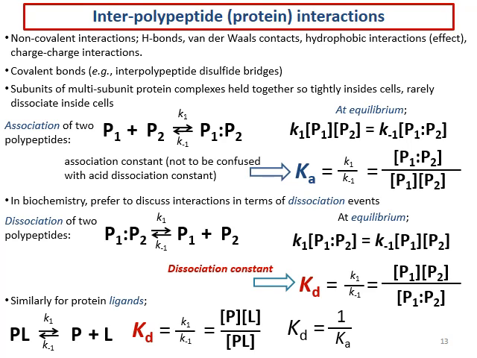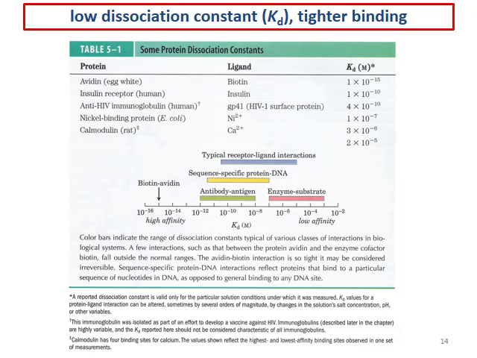So Kd is going to talk to us about the dissociation of ligand from the protein. And if we compare the Kd to the Ka, what we find is that Kd is equal to 1 over the Ka. Now, a low dissociation constant means tighter binding.